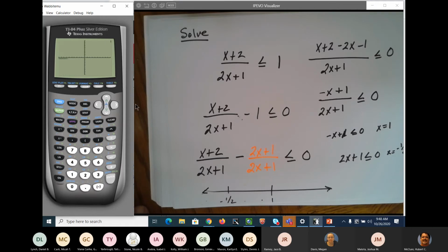I believe we did this one before, only it was an equality. And there it is. Okay, so make sure you can graph it. Make sure you can solve it algebraically and make sure you can solve it graphically or see it on the graph.